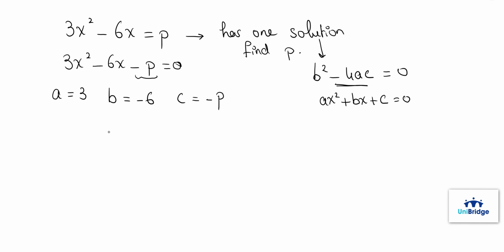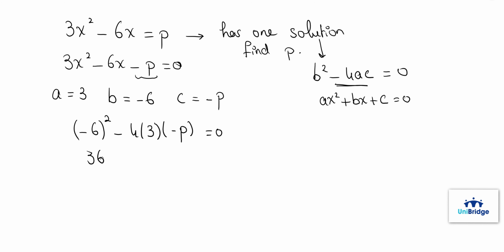Since I know that it has one solution, I know that b squared minus 4ac must be exactly equal to 0. So I'm going to do just that: b squared minus 4ac, and I force this to be 0.